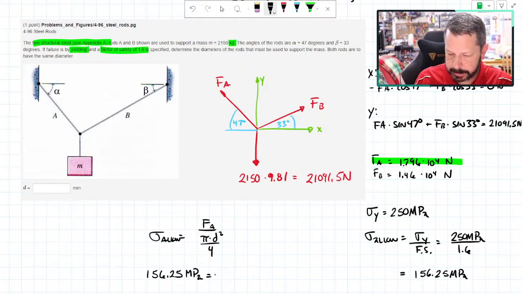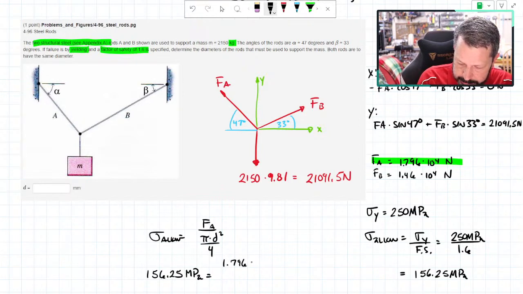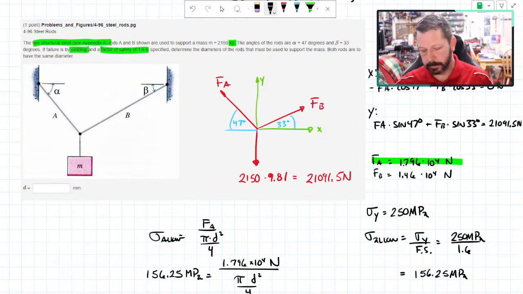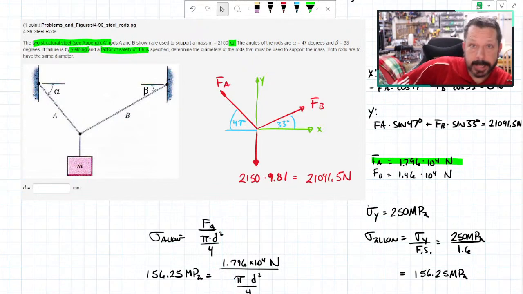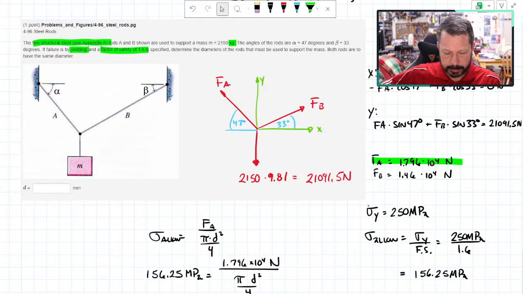The force that's going to create the worst case scenario is 1.796 times 10 to the 4th newtons. And then I've just got pi d squared over 4. So the only unknown in there is d, the diameter of the rod. So if I can get my calculator to solve this, we can figure it out.